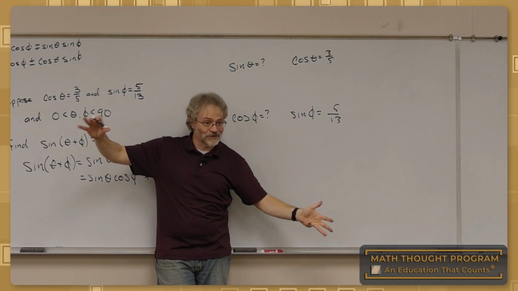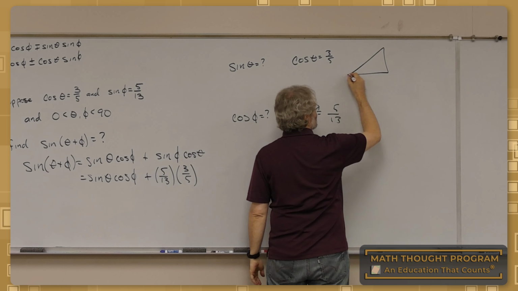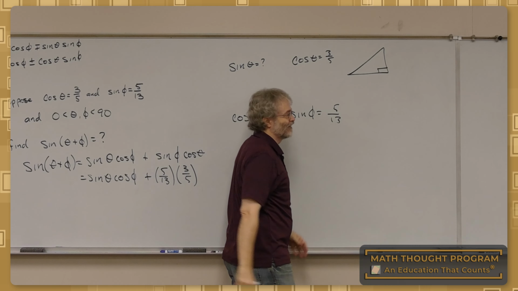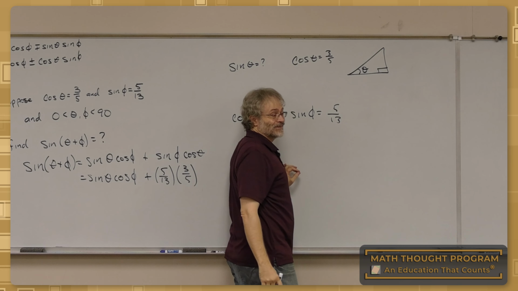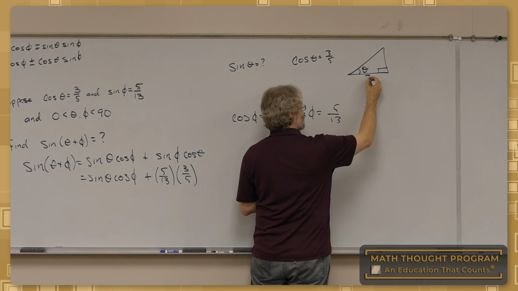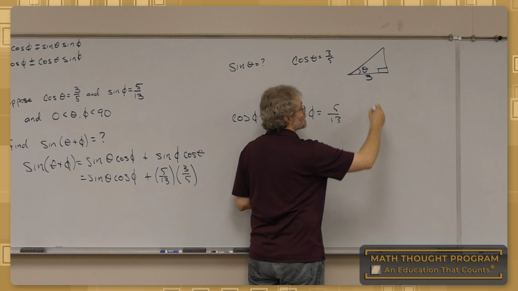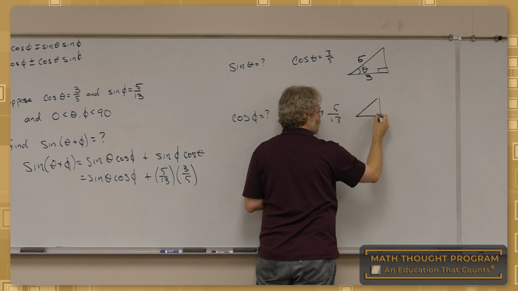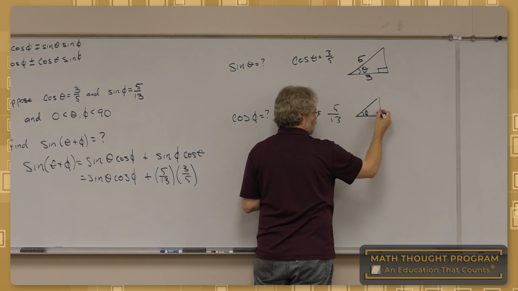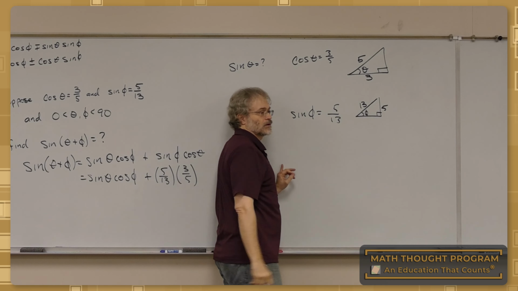And the right thing to do is maybe look at a right triangle. Because I know cosine theta, adjacent over hypotenuse, and for sine, it's opposite over hypotenuse.